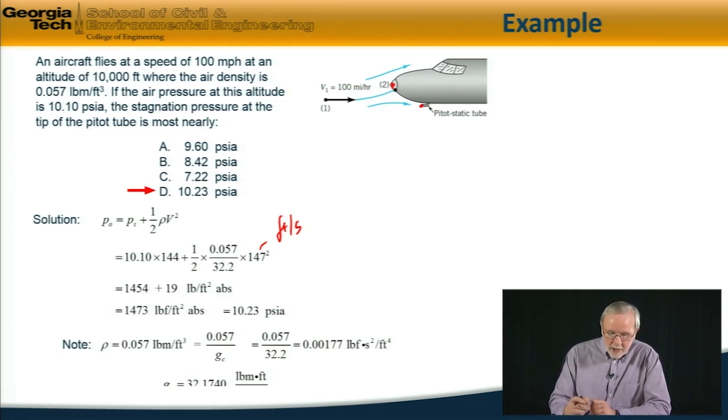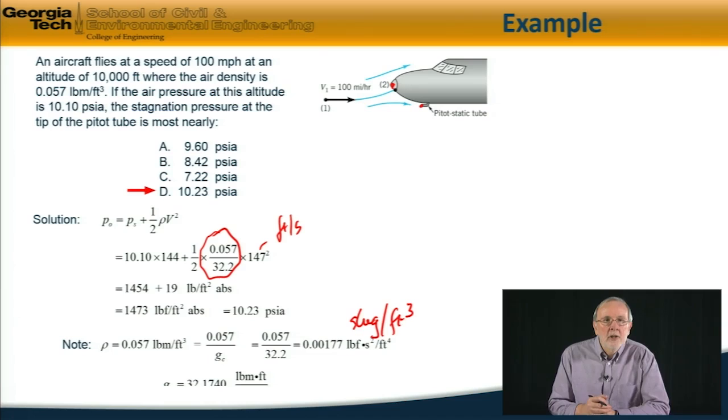And in that case, the density is 0.057 divided by 32.2, which is this factor here, and it's equal to this number. So in that case, this would be the density in slugs per cubic foot if we were working in those units. But generally in the FE exam, the density in US units is given in pounds mass per cubic foot. So we have to be careful to divide by gc to get our units right.